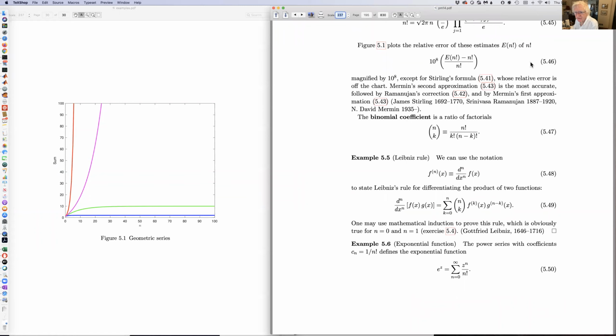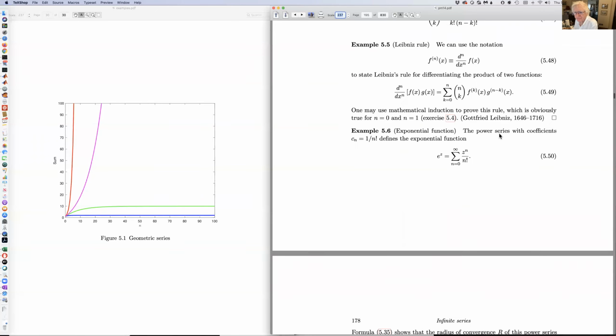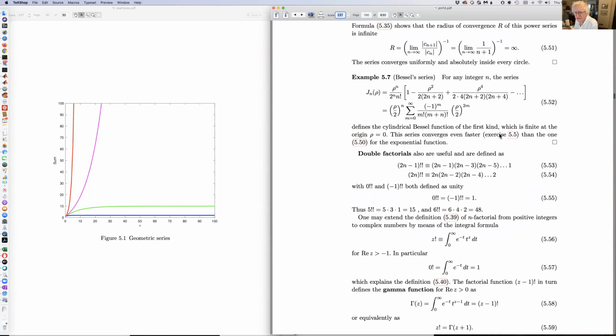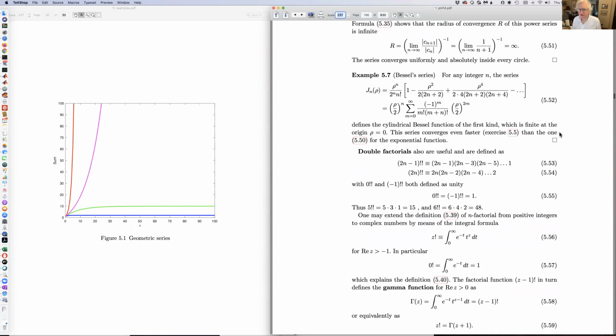so that's the factorial. Now, the binomial coefficient is a ratio of factorials. You must have seen this. So there are various examples here which you can just read. Double factorials are defined in this way.